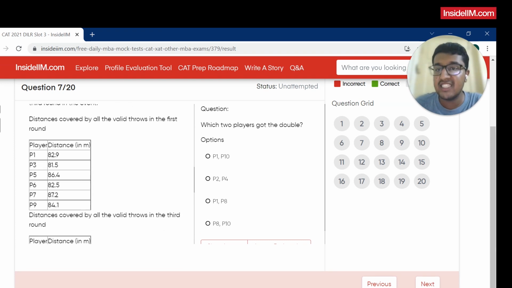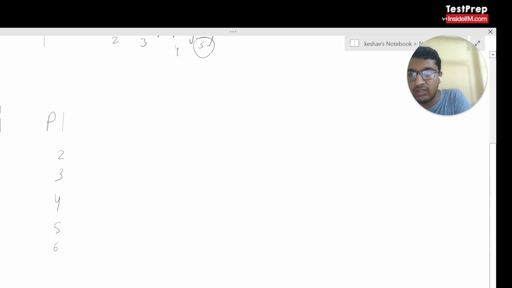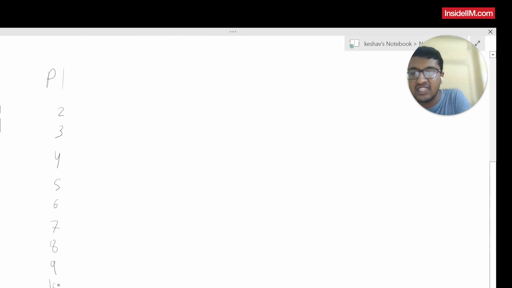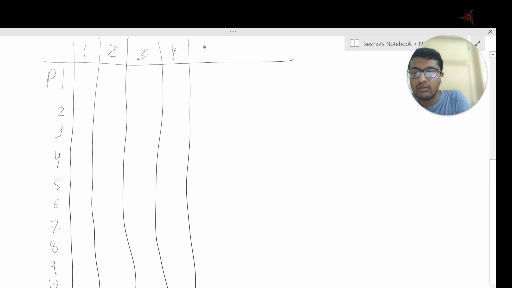Okay. The distances covered by all the valid throws in the first round. So let's write it down. I'm going to make this grid: P1, 2, 3, 4, 5, 6, 7, 8, 9, 10, and rounds 1, 2, 3, 4, 5, 6.